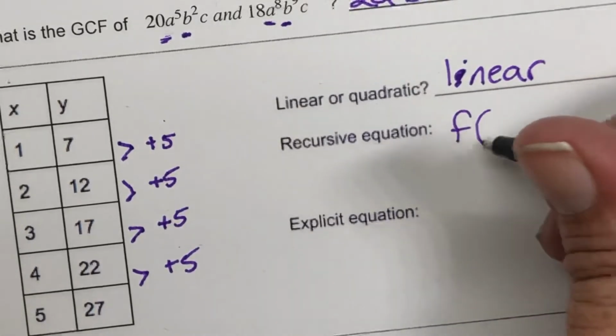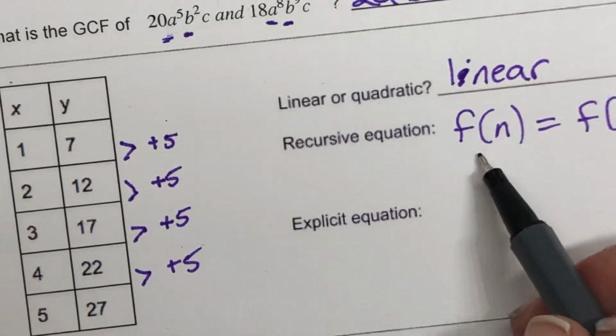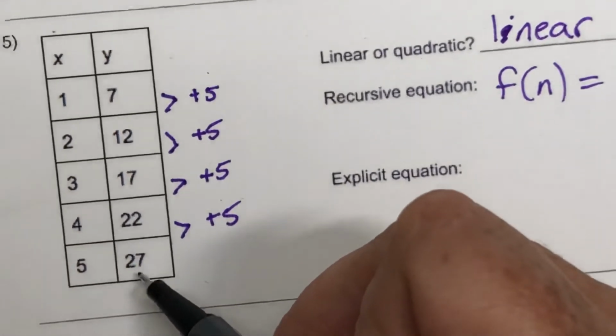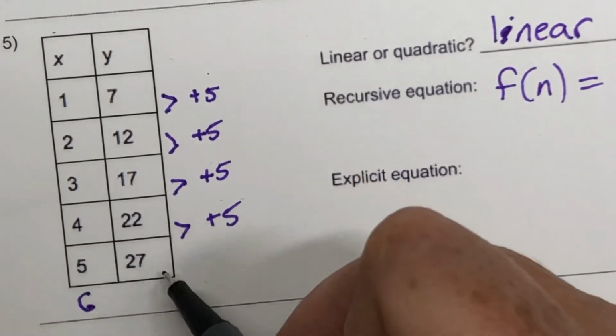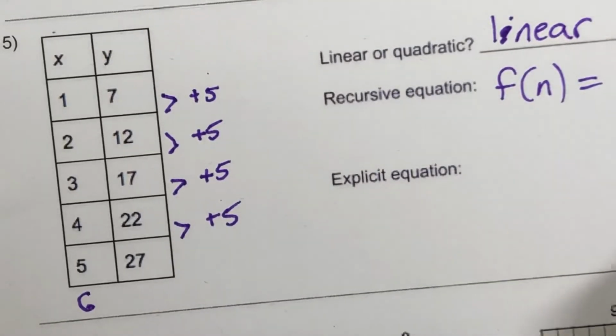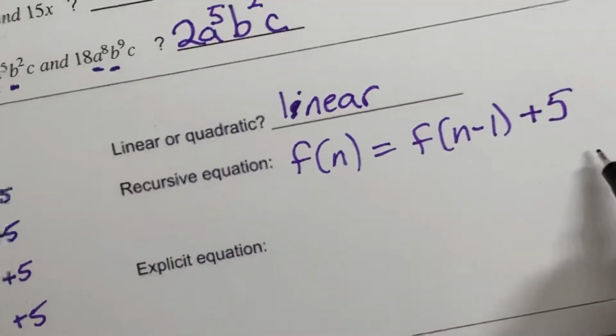Well, definitely f of n equals f of n minus 1 plus 5. This means if you want a new answer, you take the previous answer. So let's say I wanted f of 6. How would I get it? I would take 27 and I would add 5. This means take the previous answer, add 5. Previous answer plus rate of change.